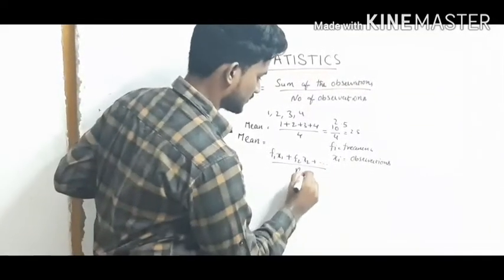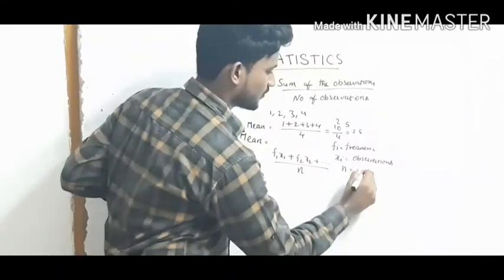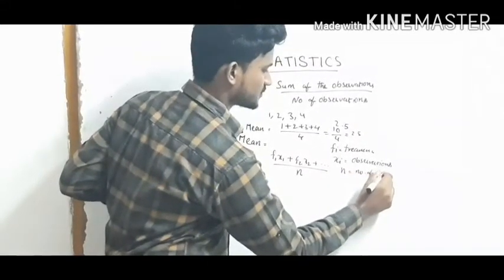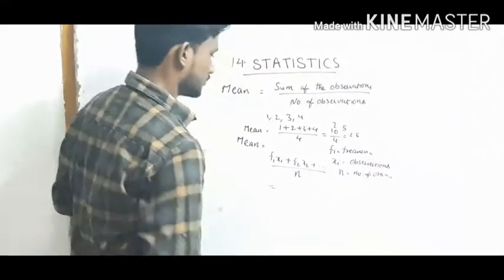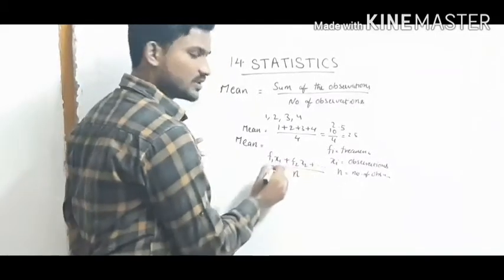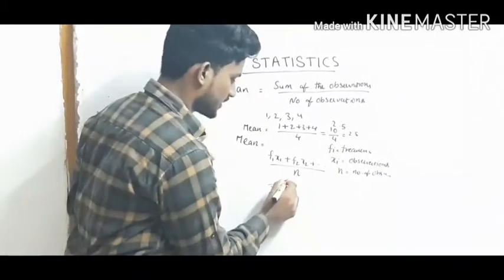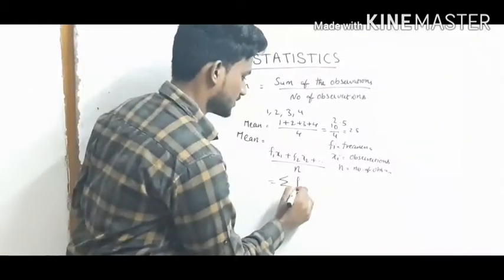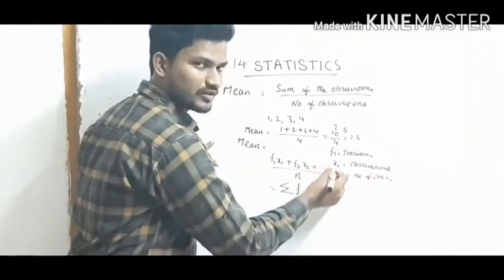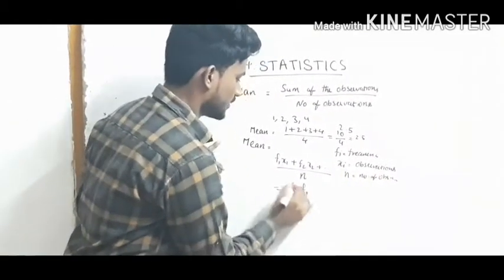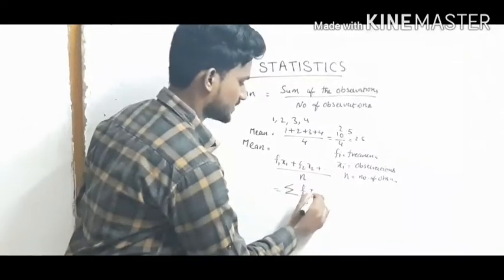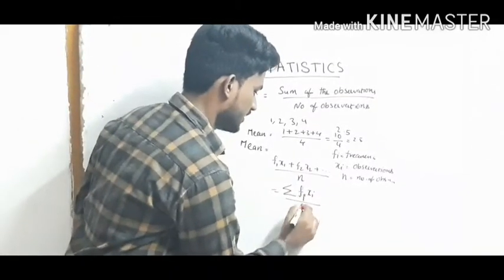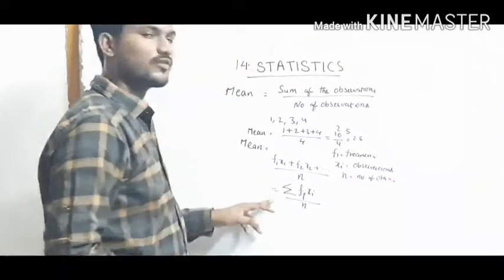We write the total of f1 x1 and so on as sigma, which means the sum. So f1, f2, f3 is fi, and x1, x2, x3 is xi. Sigma fi xi by n is the general formula.